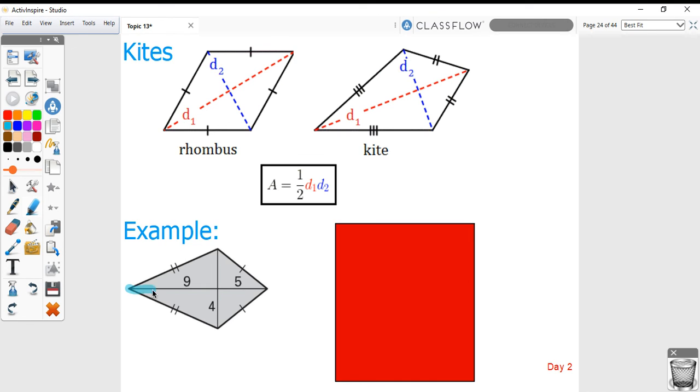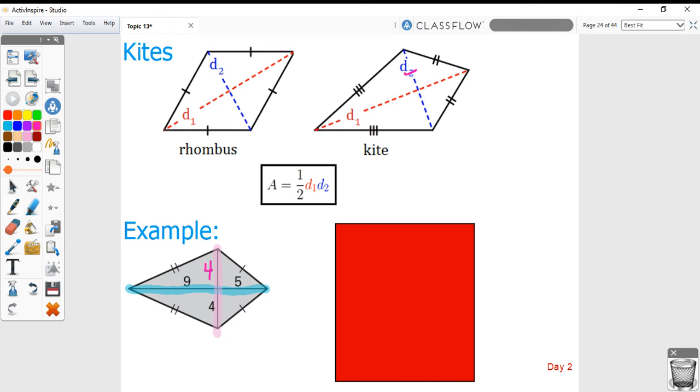So as we look at our example, we ask what's the length of that diagonal. That one I just highlighted, well, it's going to be 9 plus 5, so that length is going to be 14. The other diagonal, let's see if I can get a different color. A diagonal that I just highlighted in pink is going to be a length of 8. That's because we've got 4 here and we've got 4 right there.